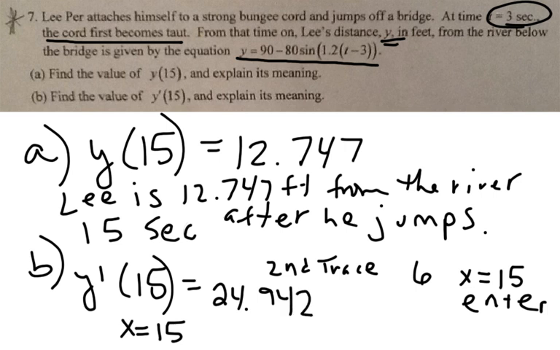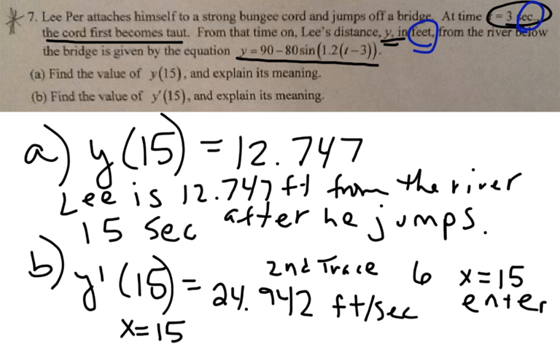And then we have to interpret that answer in terms of the problem. So this is the rate of change, which for this particular problem would be in feet per second. So it would be 24.942 feet per second is his rate of change.